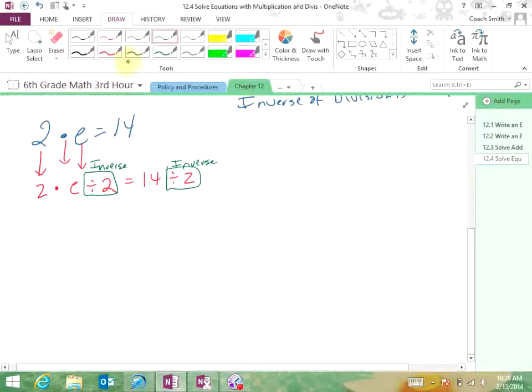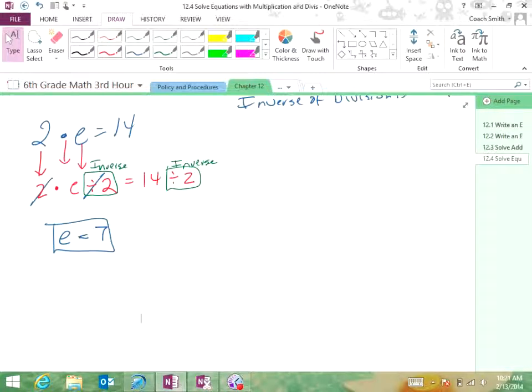So that these cancel out, leaving me with E is equal to 7. Got 38. Well, I did 2 times E divided by E equals 14 divided by E. Yeah. Well, 2 times 14 is 28, not 38, but that's beside the point.